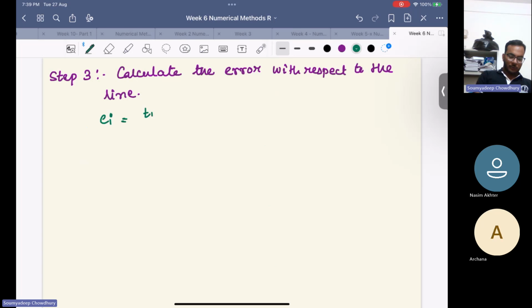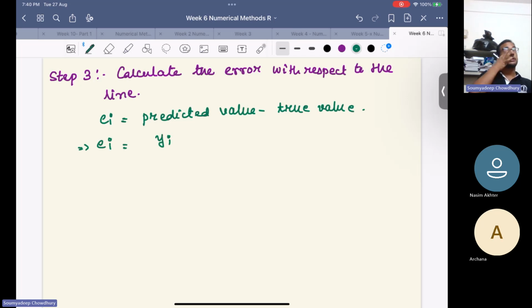Rather, we'll write it the other way around: predicted value minus true value. If I simplify it, what is the predicted value? It is yi, that is the equation of the line, yi at xi.